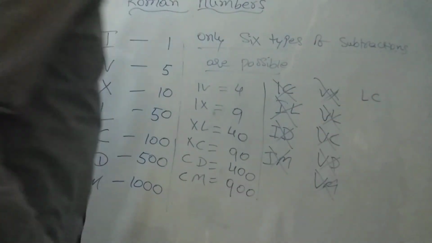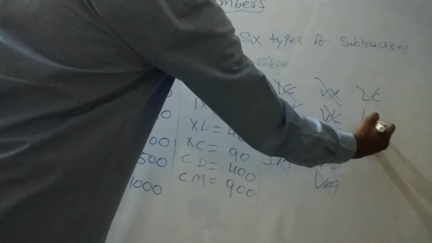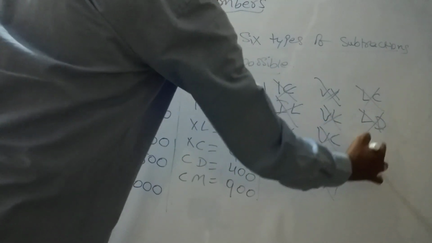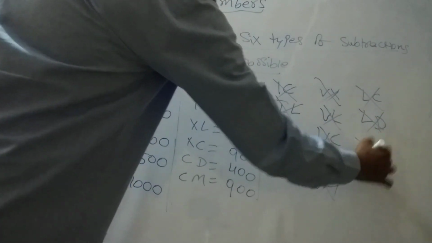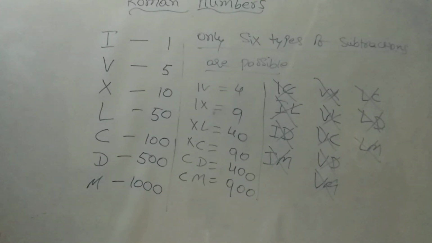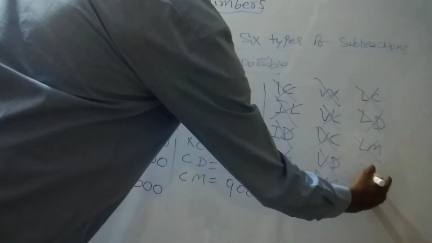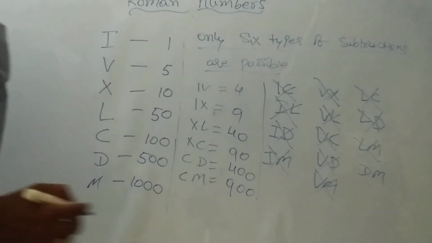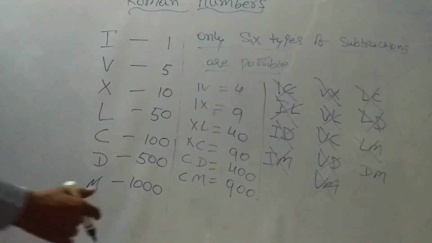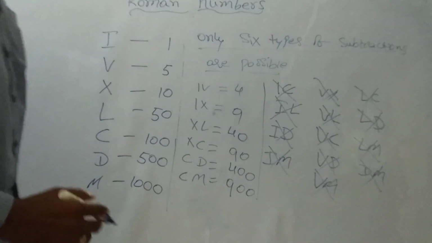LC, not possible. LD, not possible. LM, not possible. And finally, D also cannot be subtracted. Means we cannot write DM. This is also not possible.